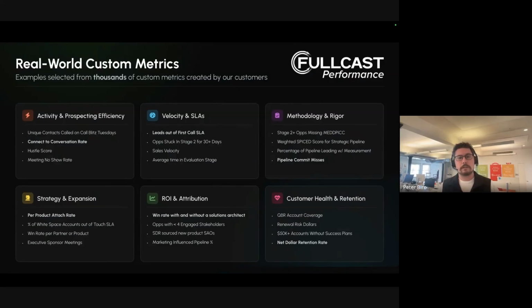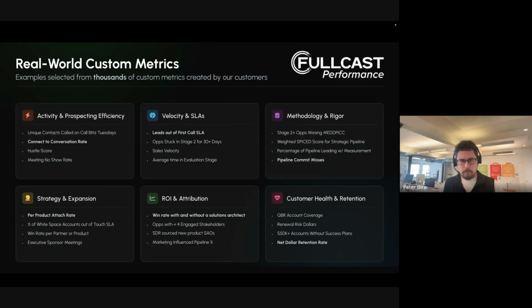So, to support that, no matter what type of issue or topic or initiative you're trying to drive, we can create the reporting, the metrics, the analysis, and then the automated accountability and coaching required of that data.